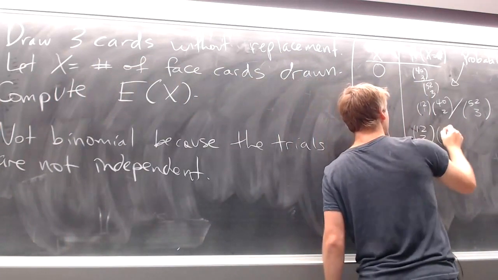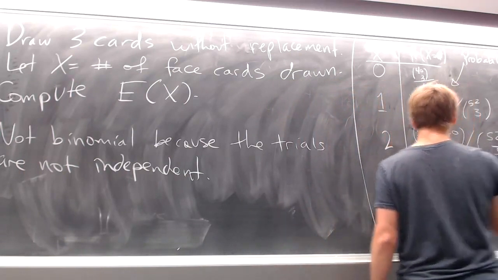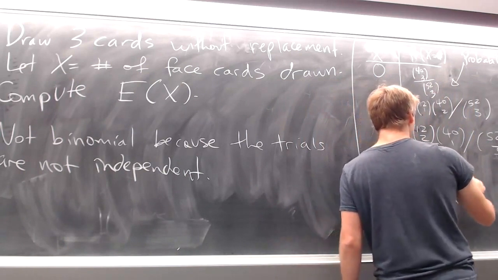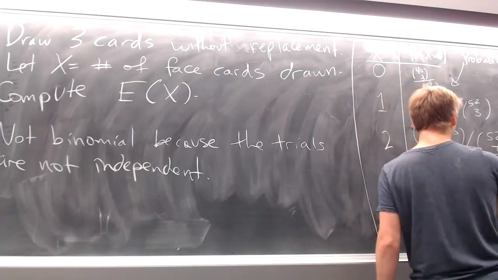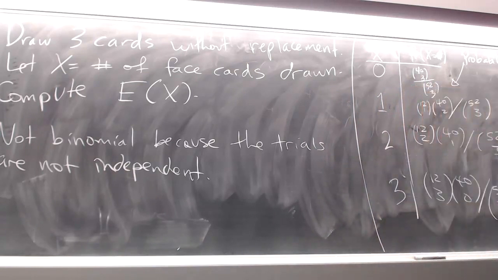Then we've got 12 choose 2, 40 choose 1, over 52 choose 3. Then we've got 12 choose 3, 40 choose 0, over 52 choose 3.